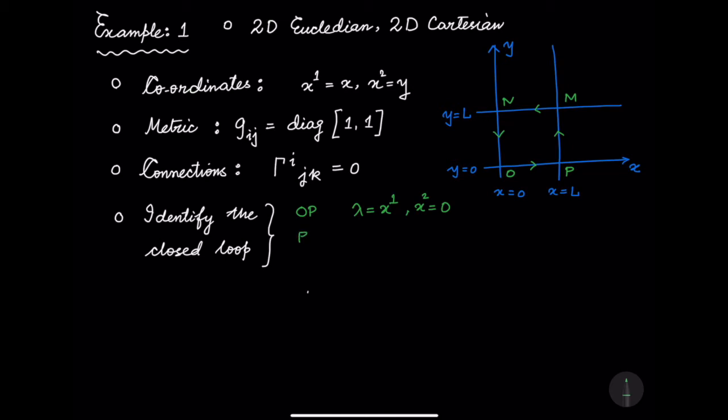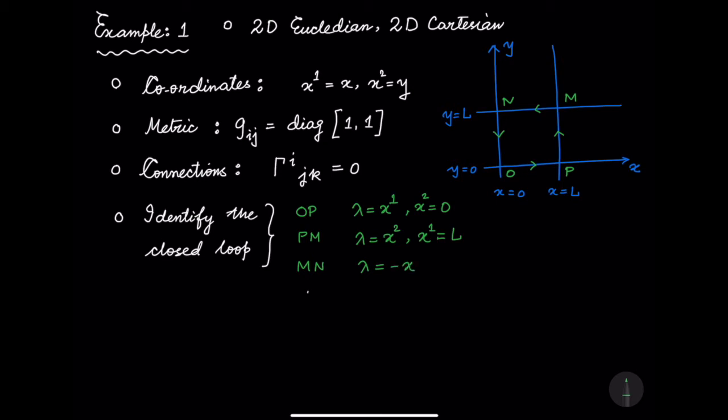Then I have the segment PM where lambda equals x2 and x1 remains, sorry, x1 remains L now. And then I have MN where lambda is changing from M to N and the coordinate is changing the opposite way.